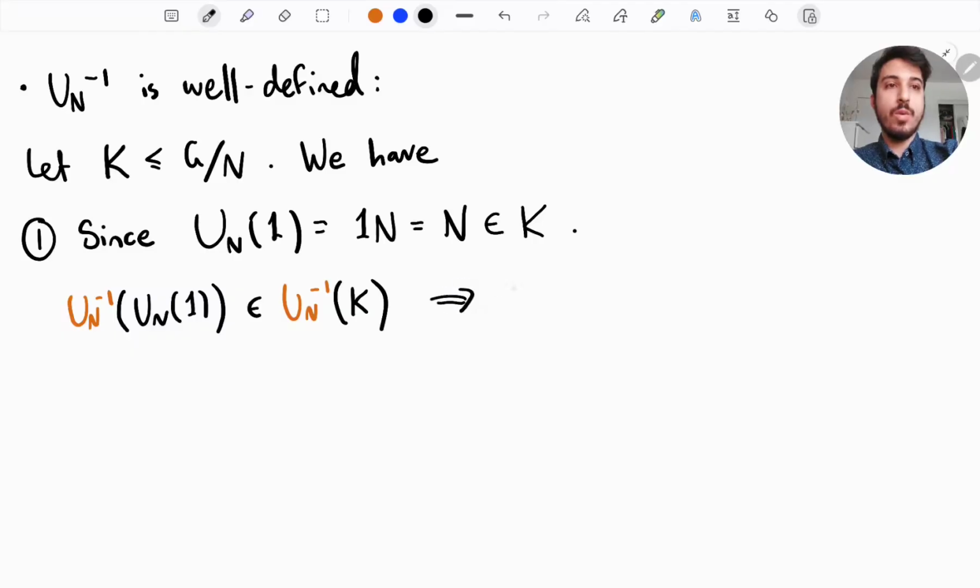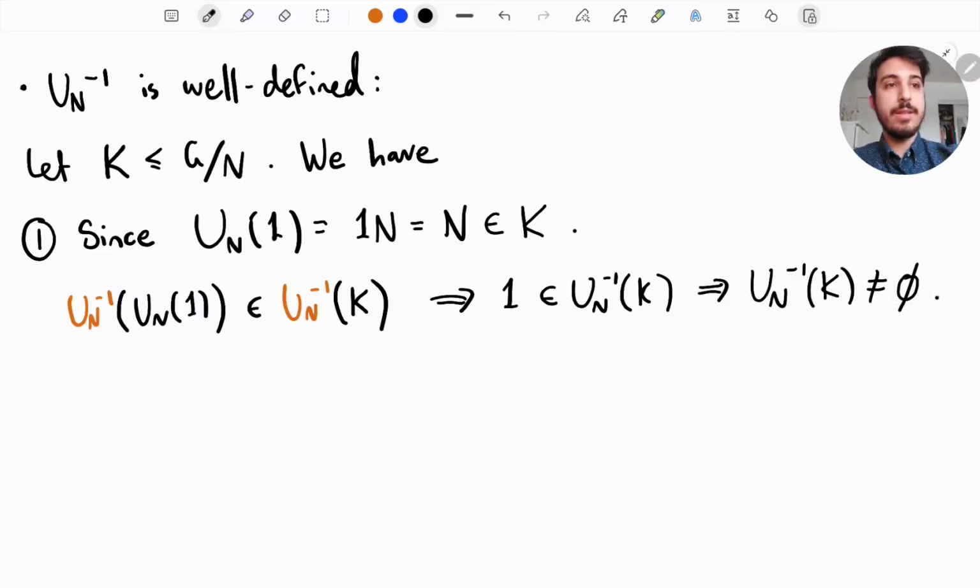So it's just 1, the identity, is found in u_N inverse of K. Deducing from that, u_N inverse of K is non-empty. That is the first step in proving that u_N inverse of K is a subgroup.